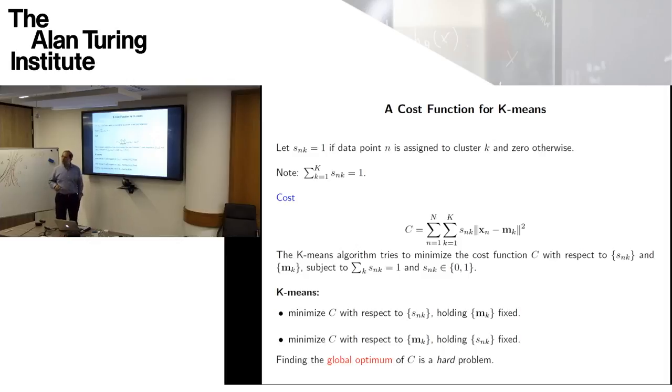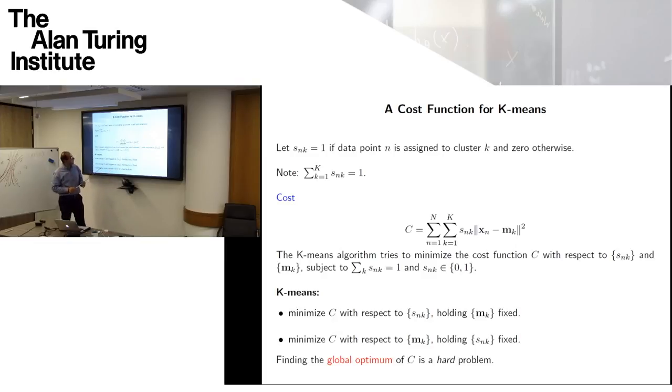In the first step of the k-means algorithm, it assigned the data points to the means that were closest in Euclidean space. In this cost function, it factors over the data points. So if I'm data point n, and I want to minimize this cost function, then the only term I have to consider is the sum over k of s_nk times the squared distance between x_n and m_k.